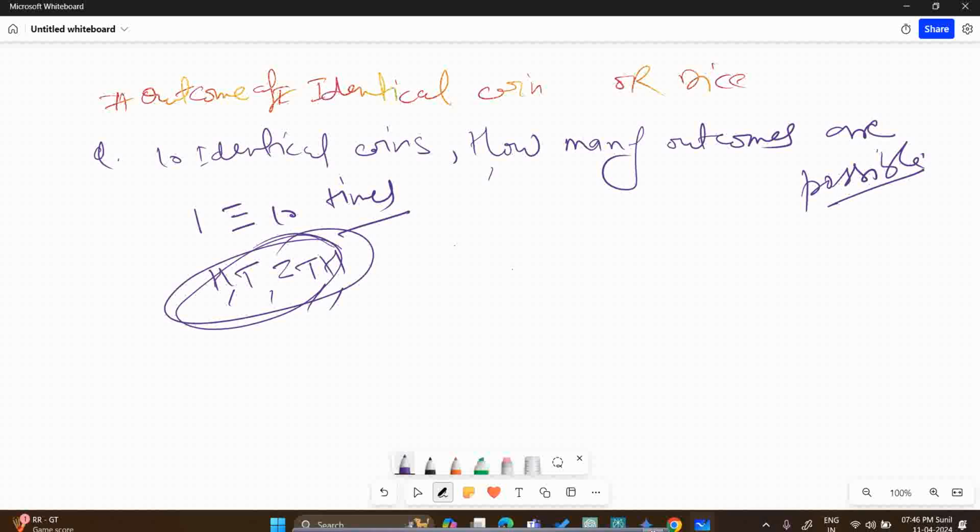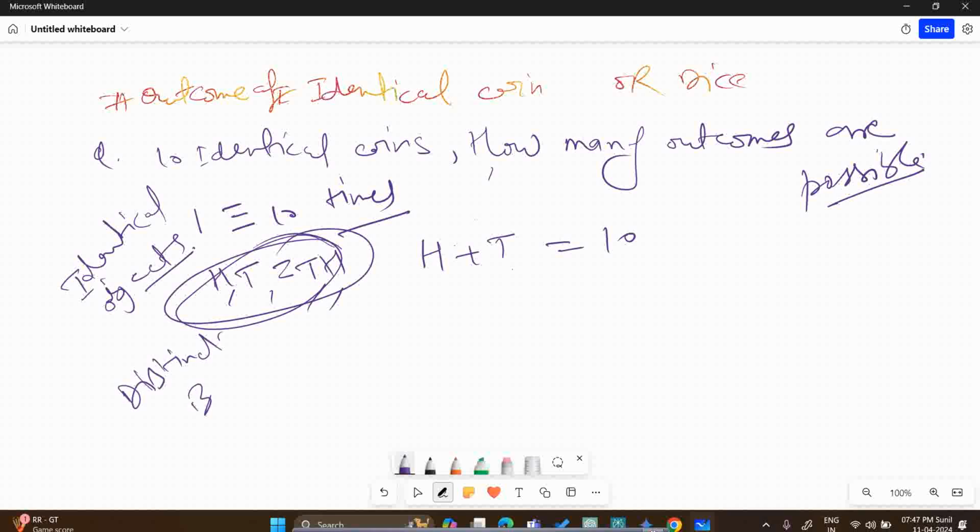So there are two possibilities. The number of heads plus the number of tails should be 10. Alright. So these are identical objects, and distinct boxes, right?